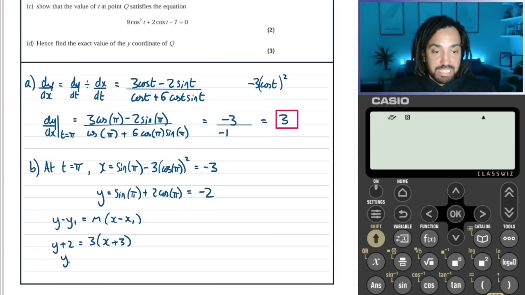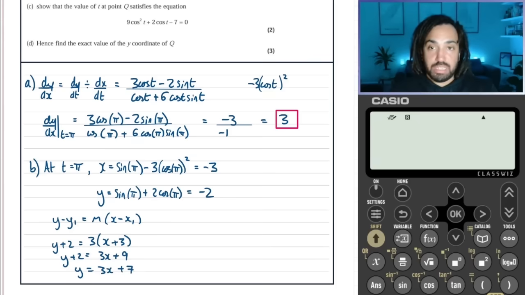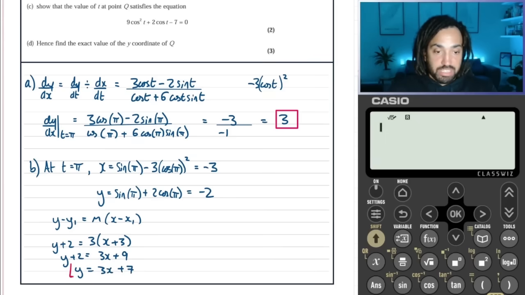So let's expand that out to get 3x plus 9, and then let's minus the 2, and there we go, that's the equation of the tangent. Perfect.